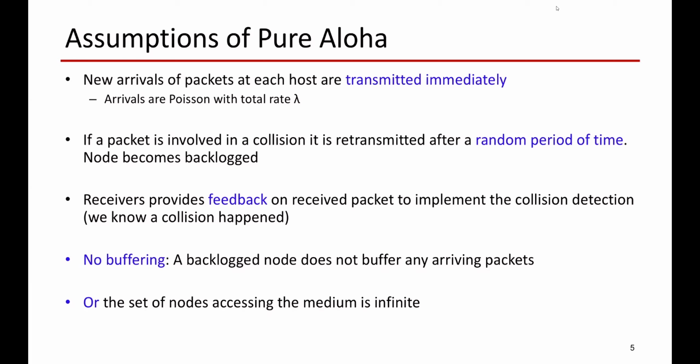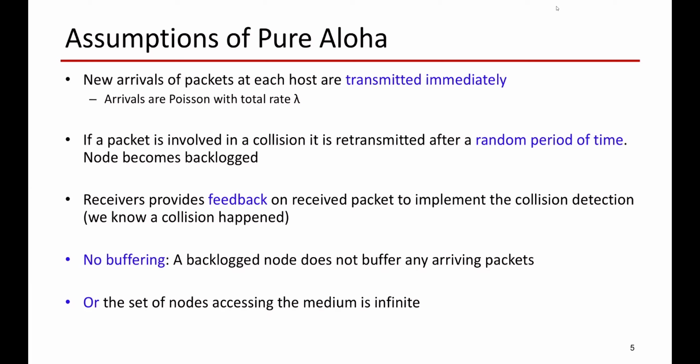I'm assuming you know the Poisson distribution. We're going to review the Poisson distribution in the next slide, but I assume you know the concept. Whenever we talk about the network, we usually assume the arrival rate is Poisson distributed. So if a packet is involved in a collision, it is retransmitted after a random period of time.